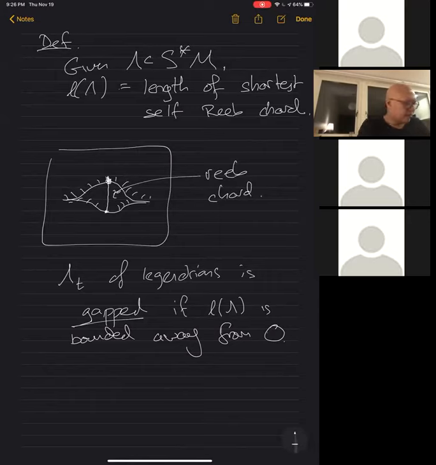The place where this word is most frequently used is in analysis: there's an operator, and the operator has a spectrum and some eigenvalues. You're particularly interested in the 0 eigenvalue, the 0 eigenspace.